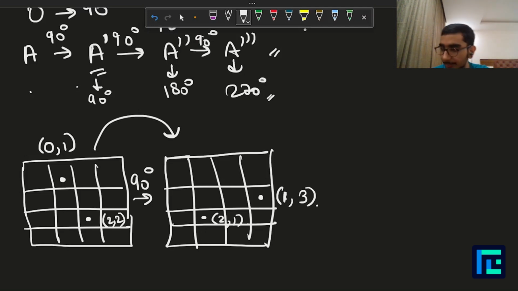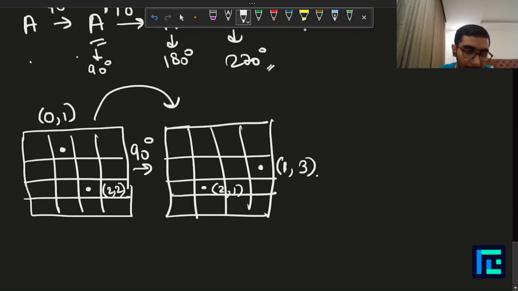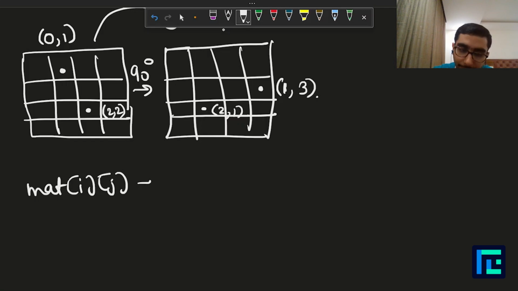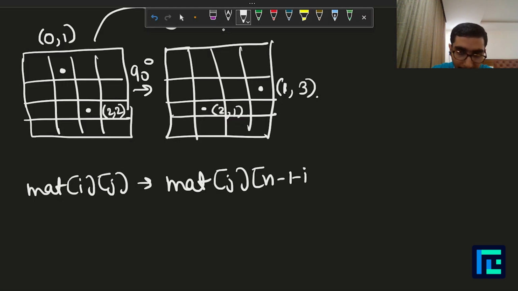So you can make all those patterns and you will see that if you rotate a matrix by 90 degrees, the change that happens is that for any cell, let's denote the matrix by mat, mat of i comma j would move to the cell mat of j comma n minus 1 minus i.